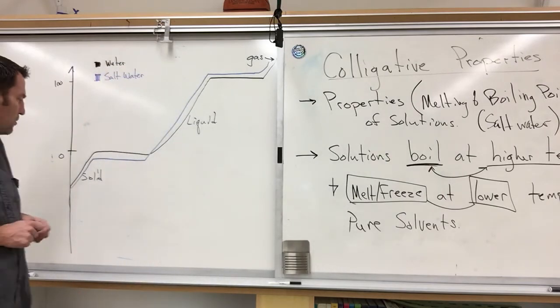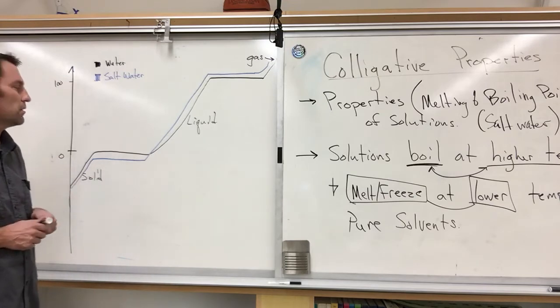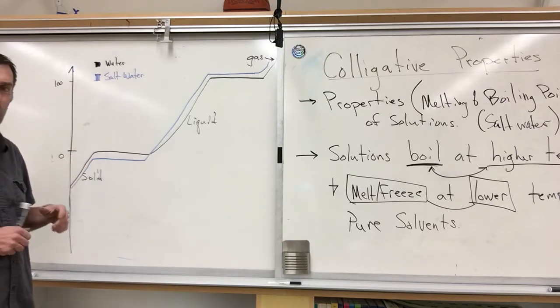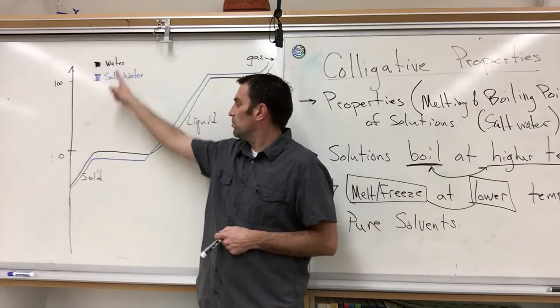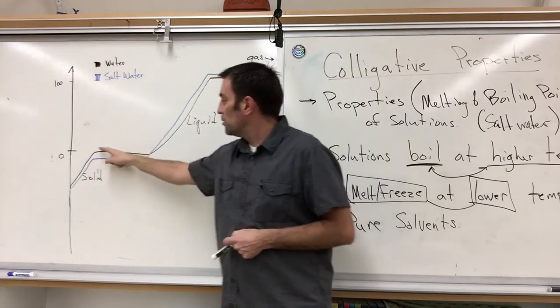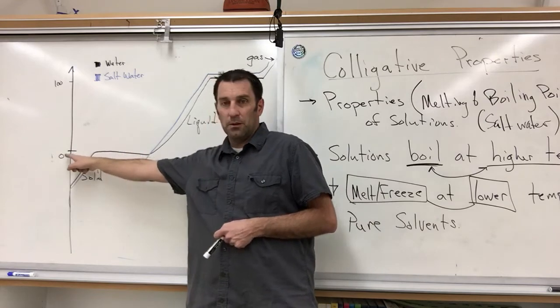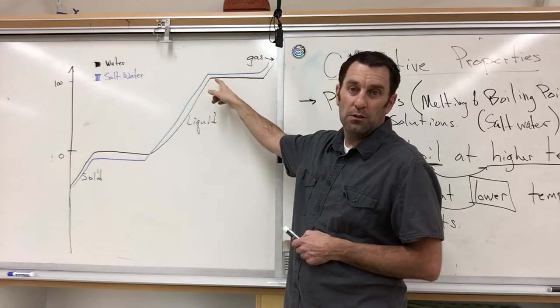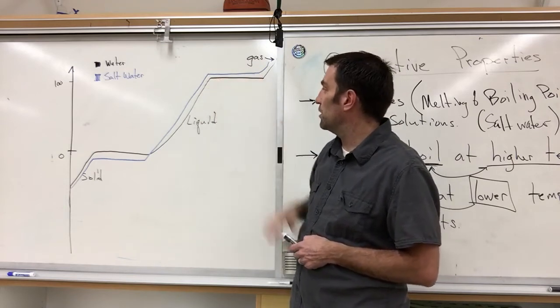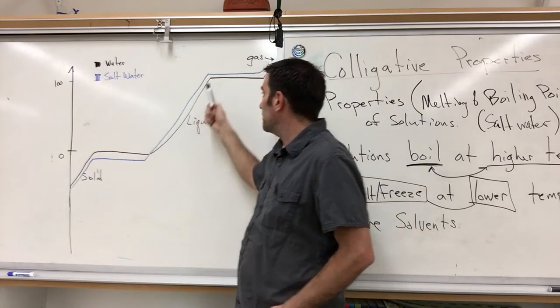Now, if we look over here, this is a heating curve for water right over here. You can see that the black line represents where water freezes or melts, and that's at 0. All right, or where it boils or condenses, and that's at 100. So the black line represents water.